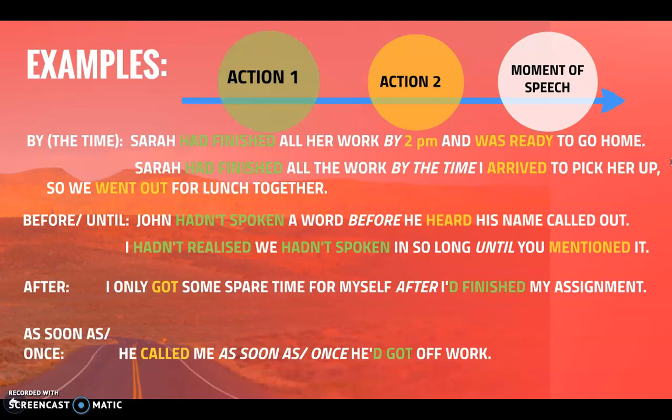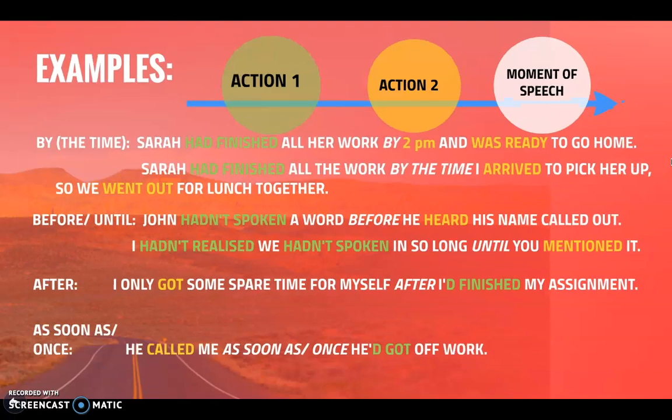He called me once he got off work. It's simpler in speech, but for exam purposes, where you might be tested on your explicit use of grammar and knowledge of it, I do advise that you think this through and identify the fact that he had got off work before he called me. So I need to use the past perfect there.